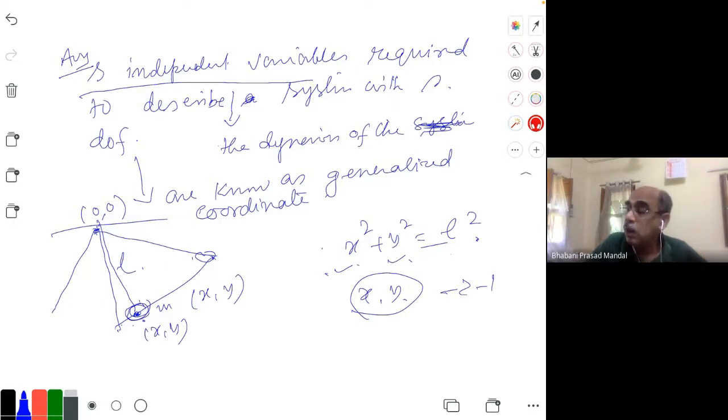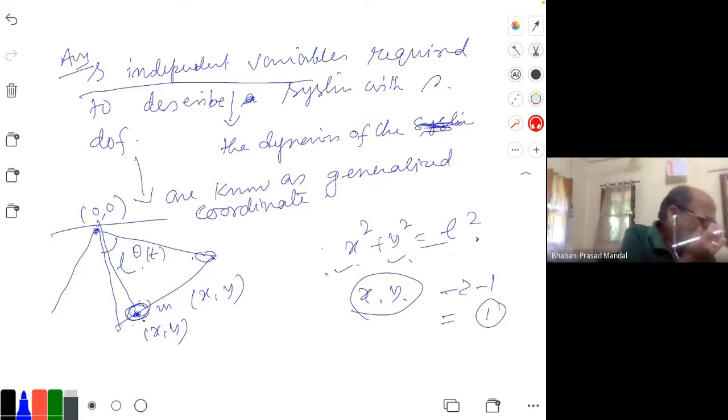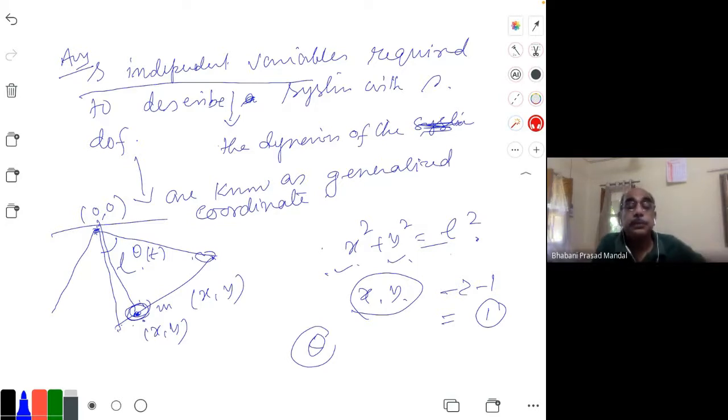So 2 minus 1 is 1. But I can describe this problem with an angle. Suppose at any time it makes an angle theta(t) with the vertical. So I can introduce an angle theta, and this can be considered as a generalized coordinate.